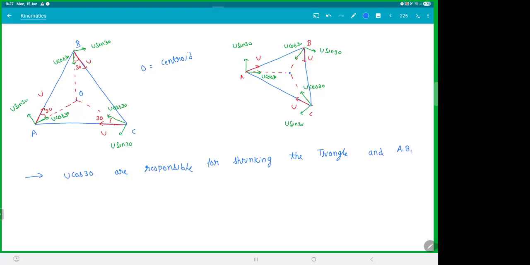So this velocity is responsible for them to meet. u sin 30 is not important now, but u sin 30 is responsible for rotating the triangle. I hope everyone is clear what each velocity is doing. Once you figured this out, the question is over.